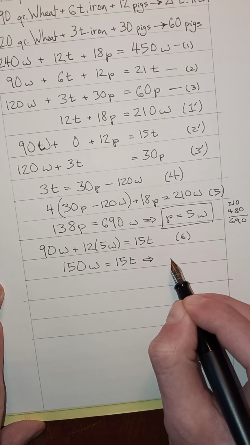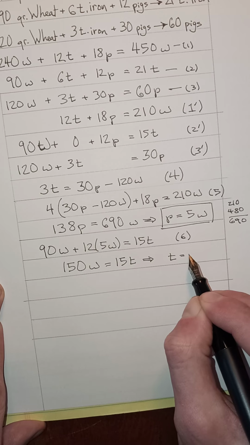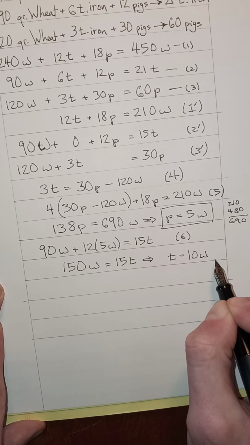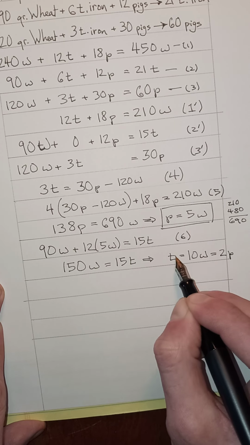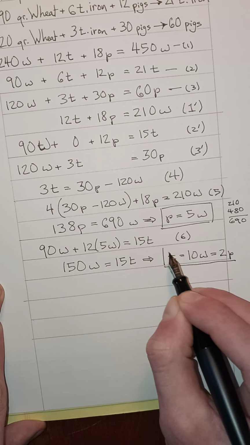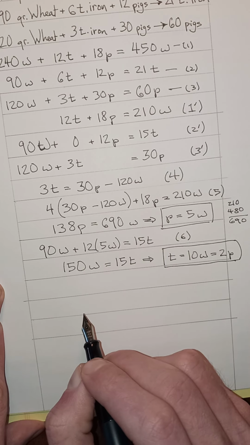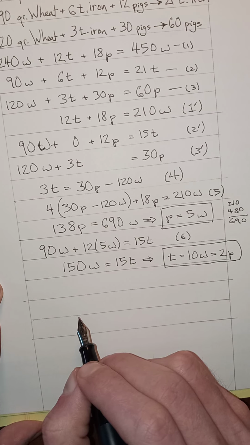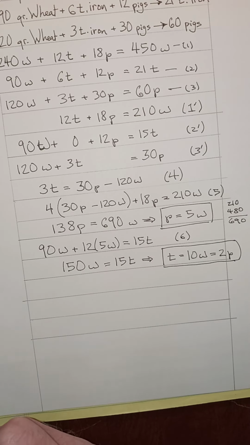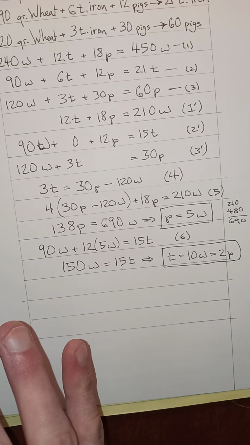And this means that the value of 1 ton of iron is equal to the value of 10 quarters of wheat, and that's equal to the value of 2 pigs. And that is what the producers must set their values to in order for this system to work. And we didn't cheat, we just used linear algebra.